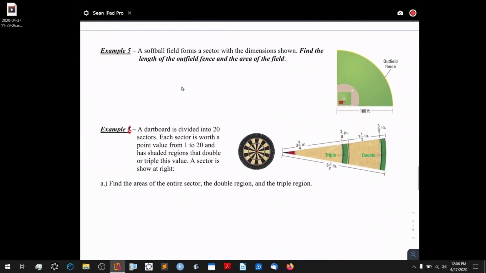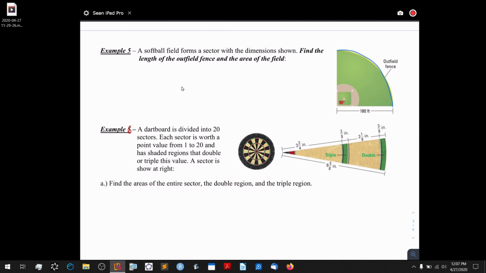All right, so let's actually apply this. It says a softball field forms a sector with the dimensions shown. Find the length of the fence. This might seem to you like a stupid example, but actually it's totally not a stupid example.